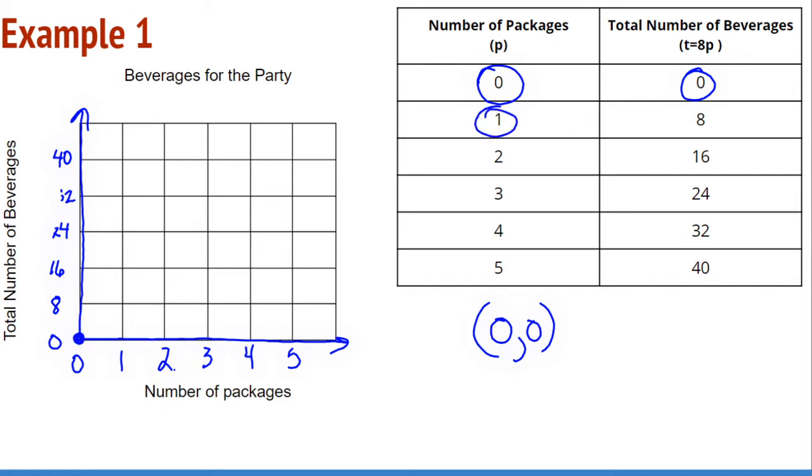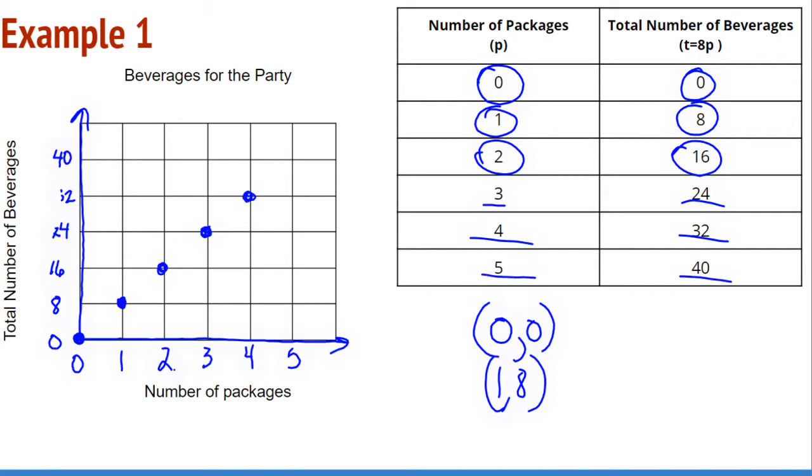I have an x coordinate and a y coordinate: 1, 8; 2, 16; 3, 24; 4, 32; 5, and 40.